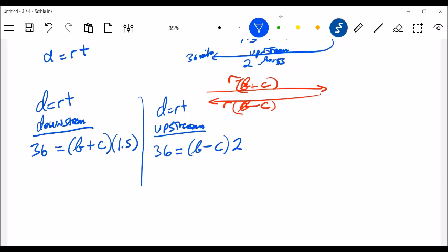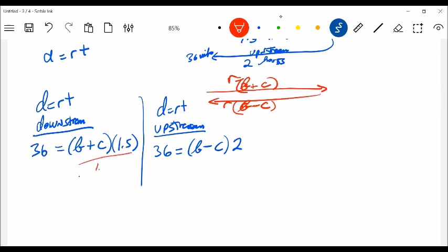So let's multiply this out. I have 36 equals, multiply these in here, 1.5. Oh, wait a minute, I can do that, but let's do this the easier way. Let's not multiply that.